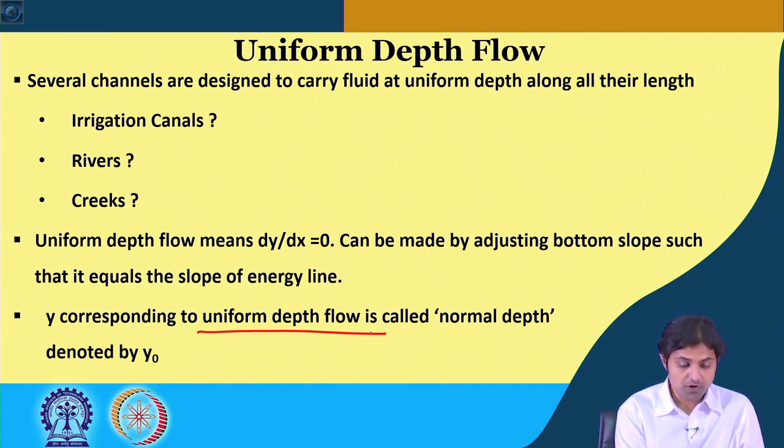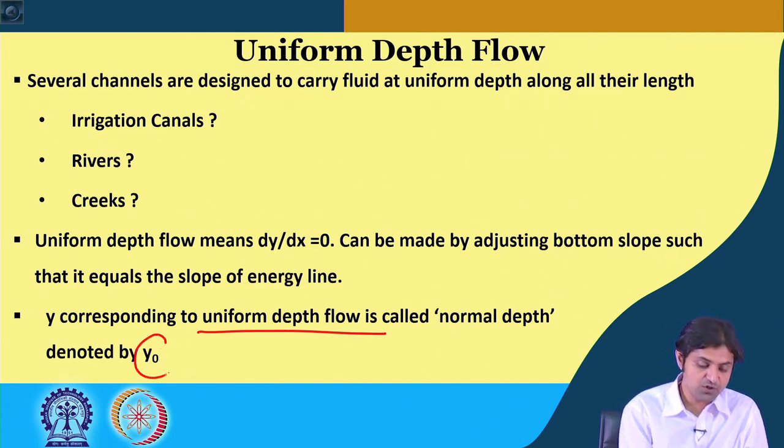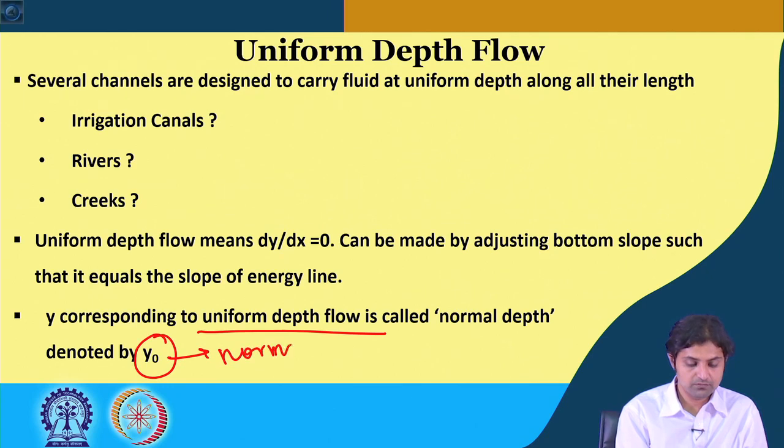The important thing to note is that the y which corresponds to a uniform depth flow is called normal depth, denoted by y naught.